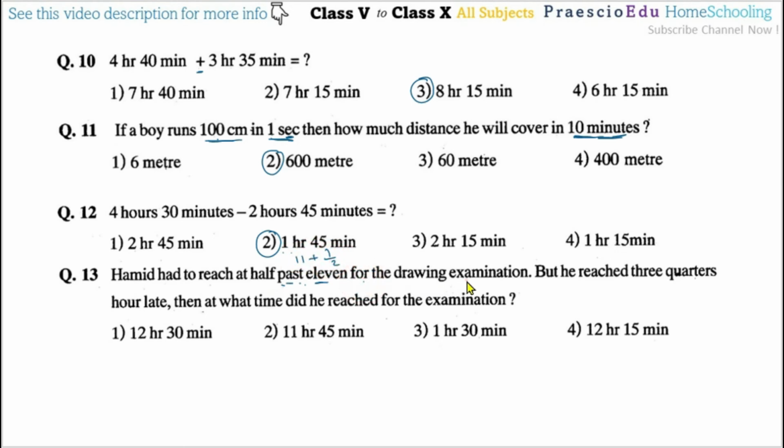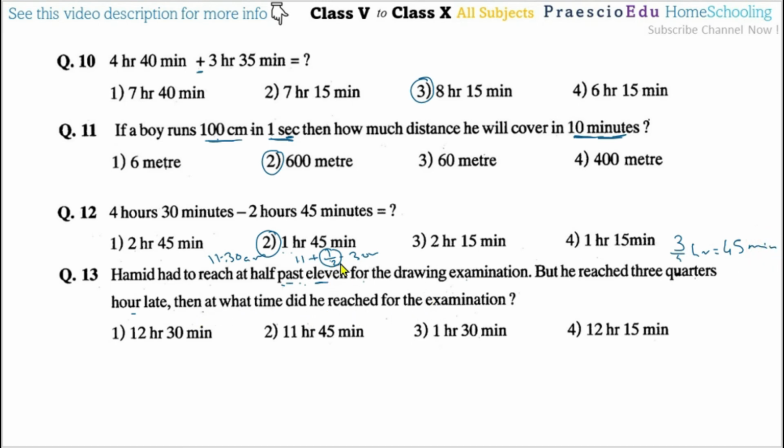For the drawing examination, after 11 o'clock, half hour means 30 minutes, so the timing is 11:30 a.m. But he reaches 3/4 hour later. 3/4 hour means multiply 60 by 3/4, which is 45 minutes.